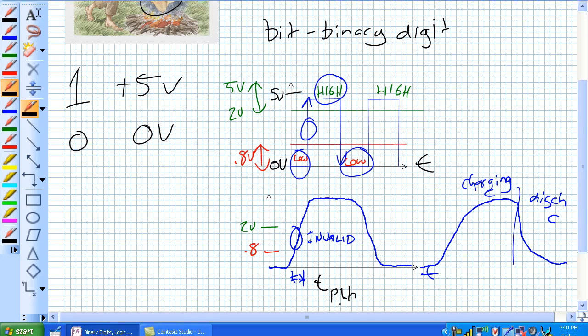Time for the pulse transition from low to high, and conversely, TP-HL, time for the pulse transition from high to low. Okay, so these things are referred to. This is our rising edge, and this is our falling or trailing edge.